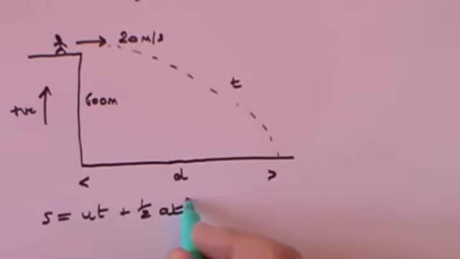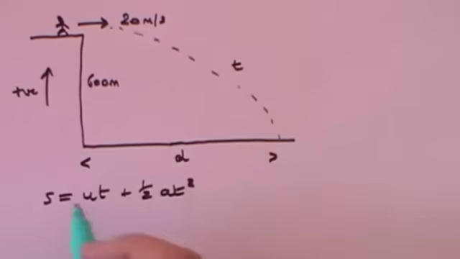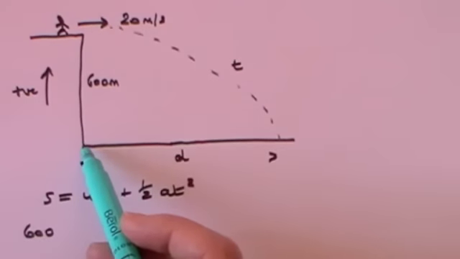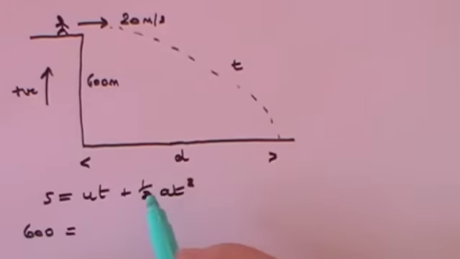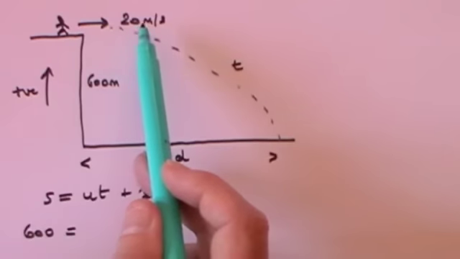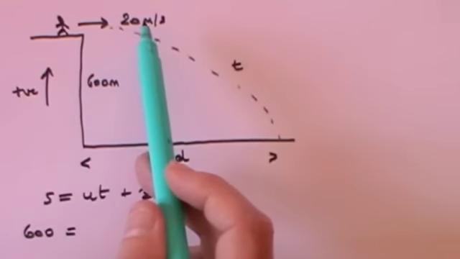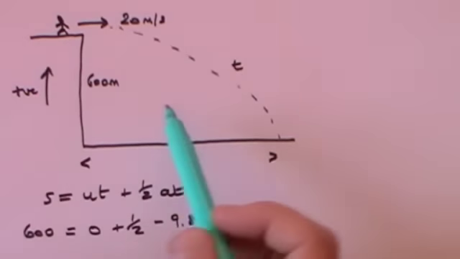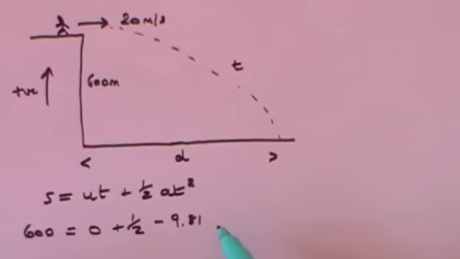Now the distance is going to be 600 meters, because that's how far it falls vertically. And that's going to equal, well, what is the initial vertical component of the velocity? 0, because the ball is actually hit horizontally. So the initial component is 0, plus a half. a, of course, is minus 9.81 because gravity acts downwards and the positive direction is upwards.